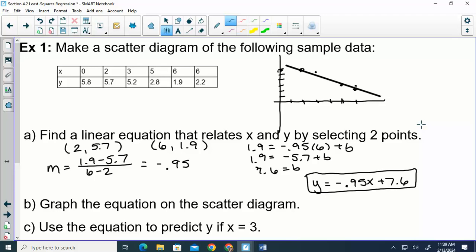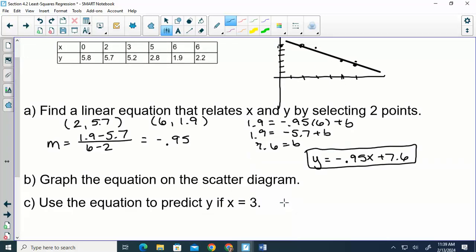If I asked you to use your equation to predict y when x equals 3, what would you do? We have our line, and so we could use this to make predictions if you plug in your x value.